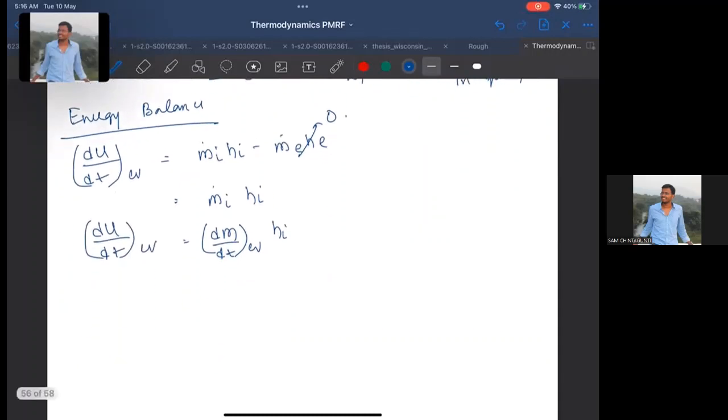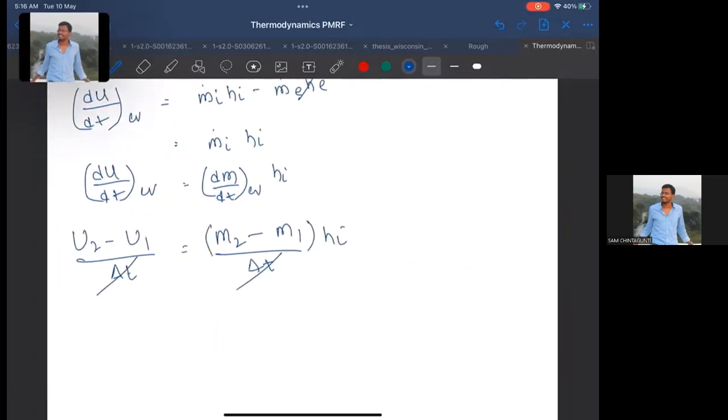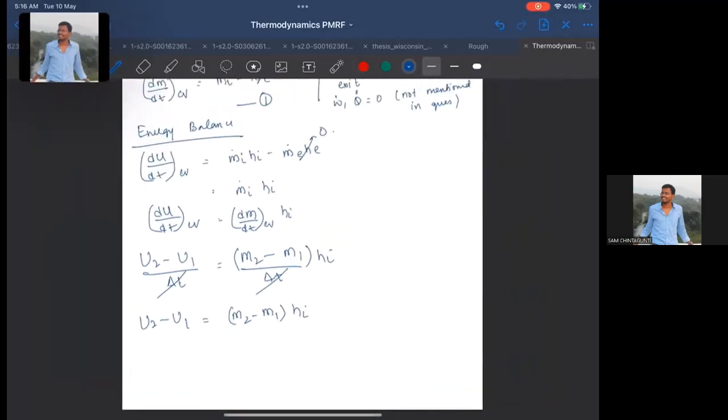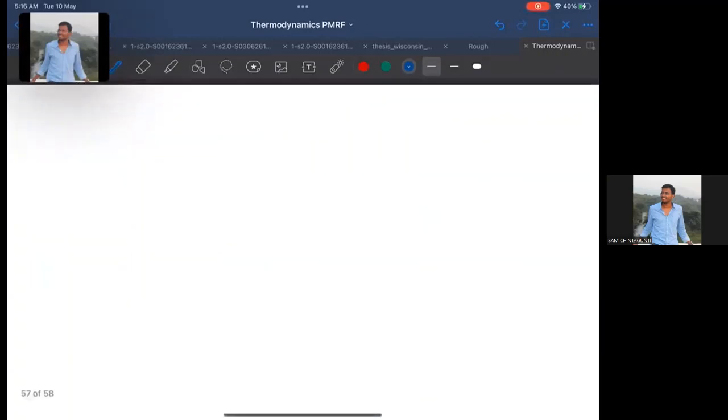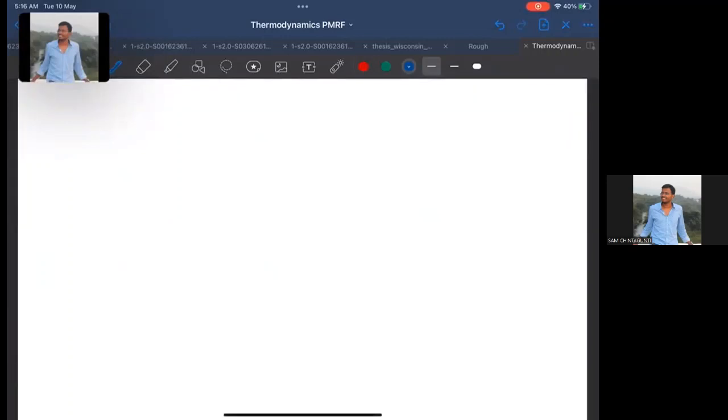So this gives (U2 minus U1) by delta t equal to (m2 minus m1) hi by delta t. So this means U2 minus U1 is equal to (m2 minus m1) hi.